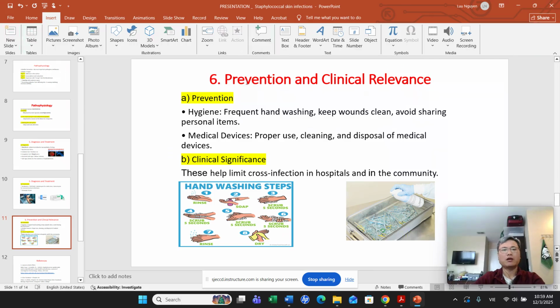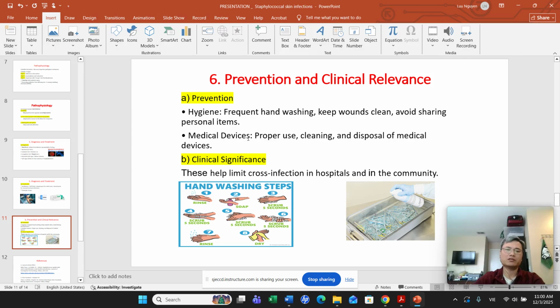6. About prevention and clinical relevance. Prevention. We need to remember two important things: hygiene and medical devices. Hygiene: we should wash hands frequently, keep wounds clean, and avoid sharing personal items.